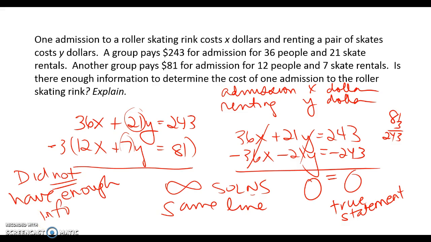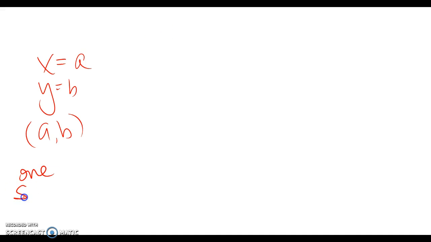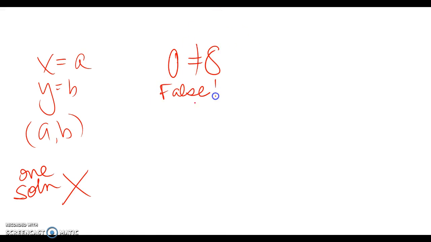All right, I'm going to stop here, but let's review for a second. If you do elimination for a set of linear equations and you get x equals some number, we'll call it a, and you get y equals b, well, there's one solution, the coordinate point (a, b). If you solve a set of linear equations and your variables drop out, and you get something like 0 equals 8 or some false statement, then there's no solution, which means the lines are parallel.